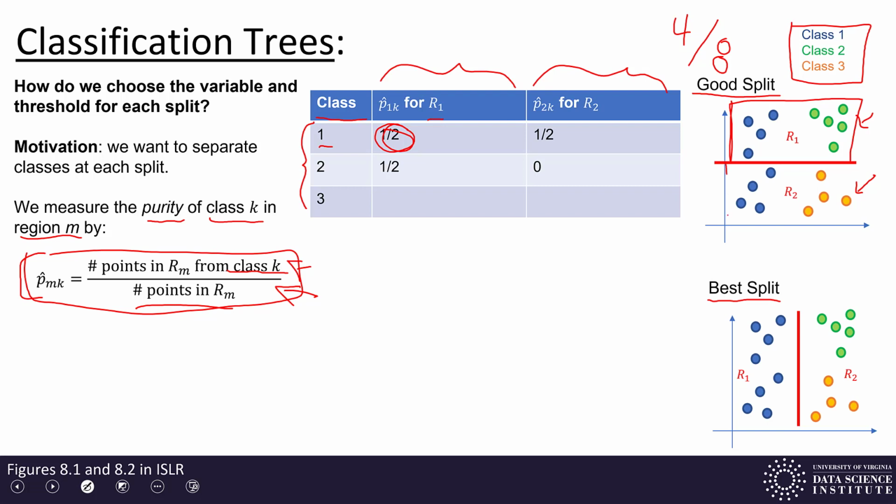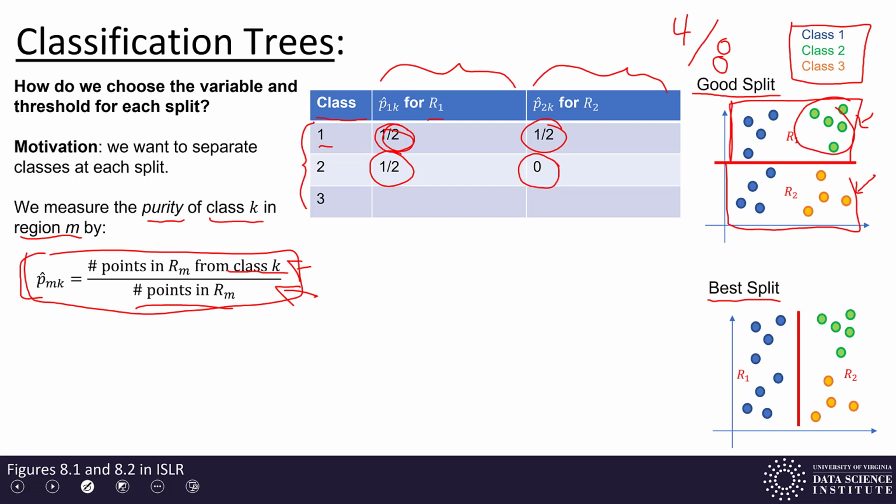Let's look at region 2. We're looking at class 1, so that's the blue in region 2, and we're going to get the same number, 4/8, which is going to give us 1/2 again. Let's look here. Class 2, region 1, we get 1/2, because in region 1, 1/2 of the points are from the green class.